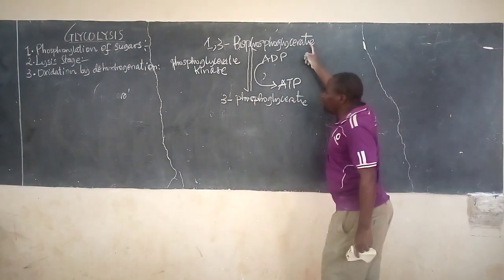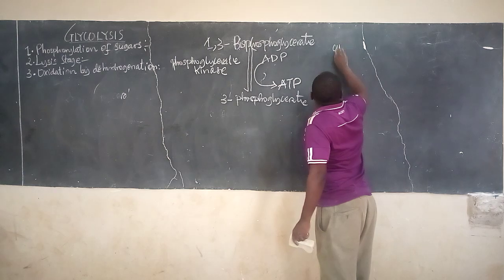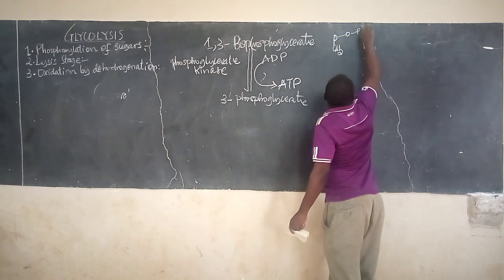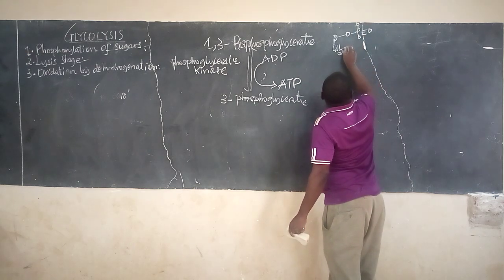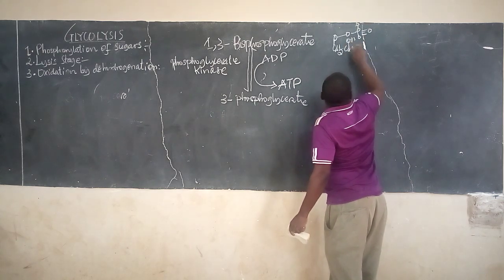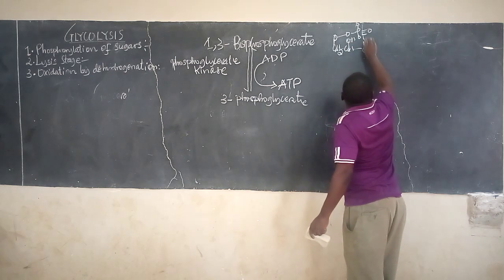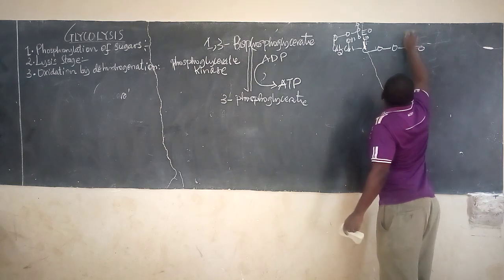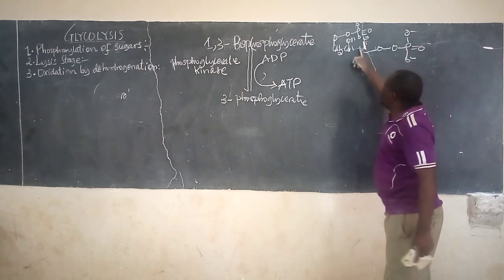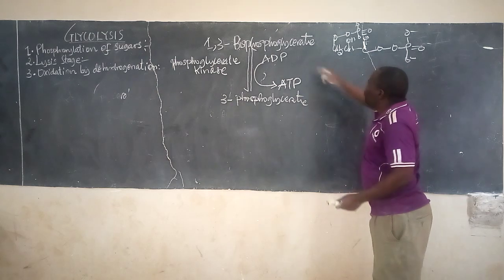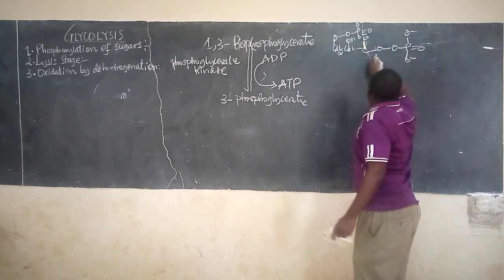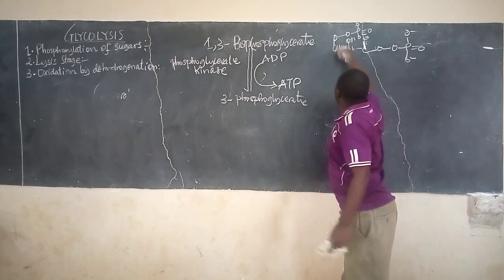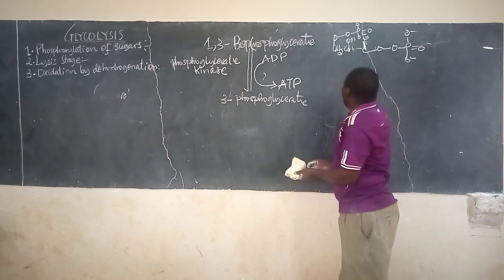And the organic structure of this, as I wrote previously, is like this: oxygen, phosphate double bond, oxygen negative, here CH, OH, here C double bond oxygen, phosphate double bond, oxygen negative, oxygen negative. This is our 1,3 bisphosphoglycerate. This means at the first carbon there is a phosphate, as well as at the third carbon there is a phosphate.